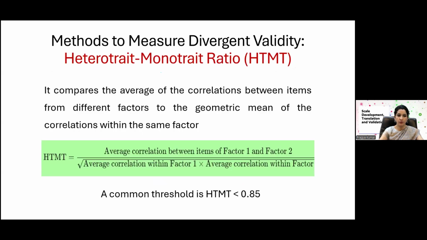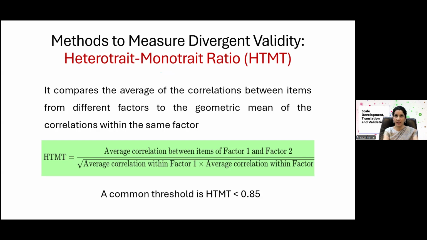So coming to how to measure divergent validity. If you see in Amos and many of the articles, they have shown ways using Pearson's correlation, R and R square, and average variance extracted. They make a table and then compare to see whether that works or not. But in JASP, the most common measure for divergent validity is a recent one, and it is easy to do, because otherwise you have to enter and do it manually a little bit.